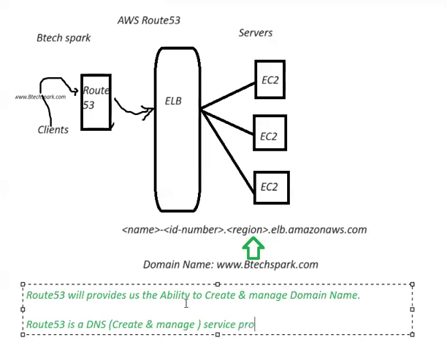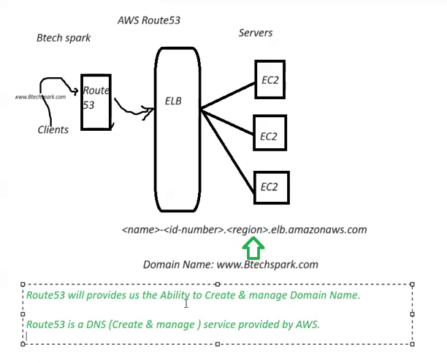It is provided by AWS. So this Route 53 is a DNS service used for creation and management of domain names, or creation and management of DNS services, and it is provided by AWS. Right?